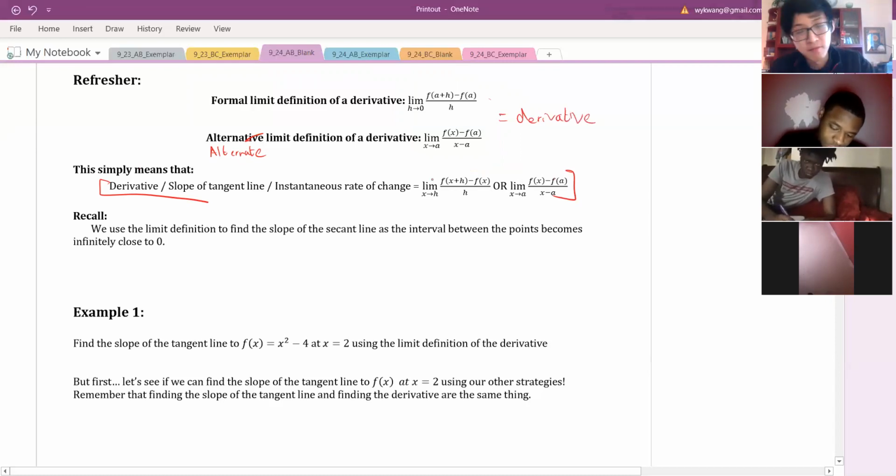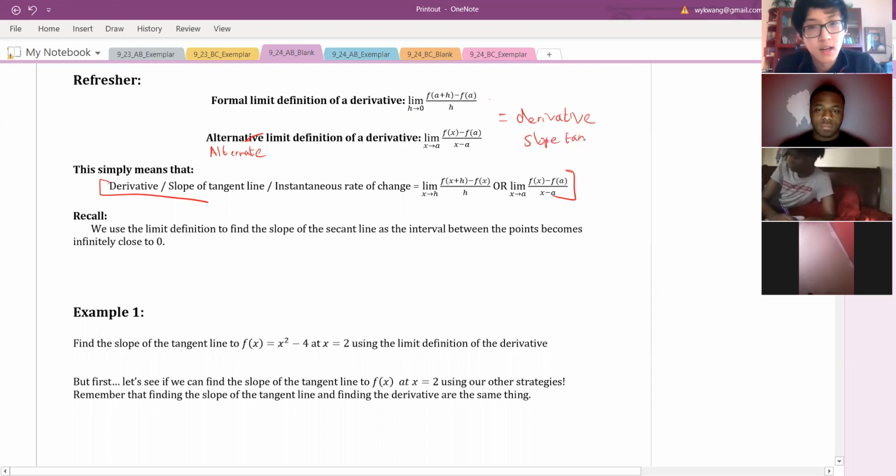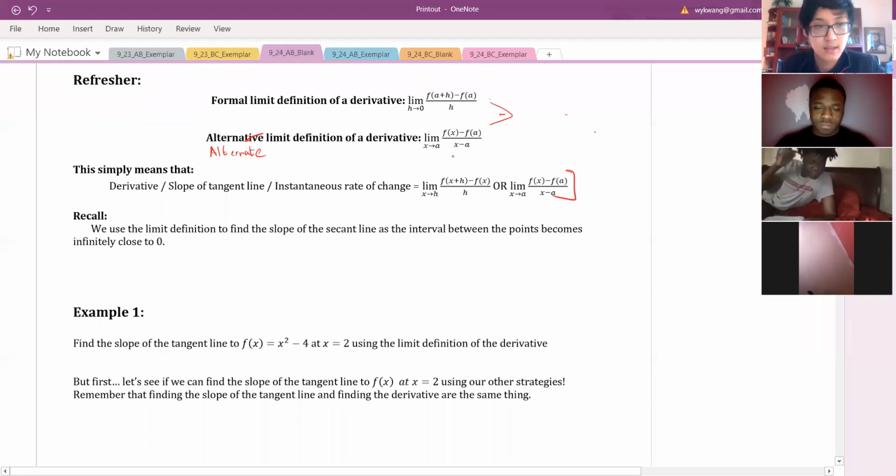I think a lot of people look at these and it looks super confusing, like, what is all this? Just remember that all of this at the end of the day, if you set an equal sign to it for a function, should be equal to the derivative. And we all know the derivative is the slope of the tangent line, the instantaneous rate of change. All of them mean the same thing. It's basically the slope. There's a bunch of different words that people use for that. So just to reinforce that idea, both of these limits are equal to that.